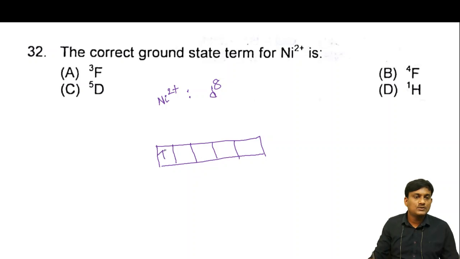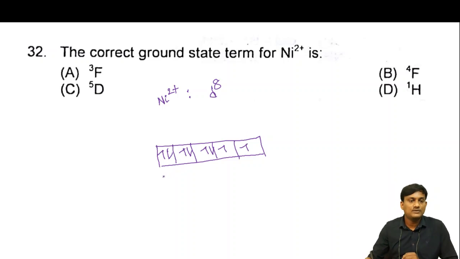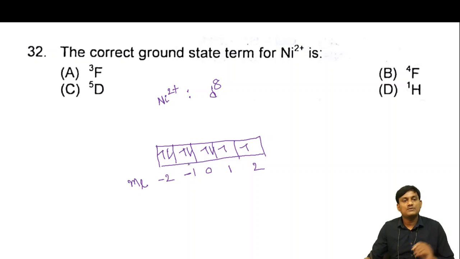First you fill single electrons, 1, 2, 3, 4, 5, and then fill the remaining electrons as pairs, making 8 in total. This is the d8 electronic configuration. Here you have ml values -2, -1, 0, 1, 2, for dxy, dyz, dz square, dxz, and dx square minus y square.